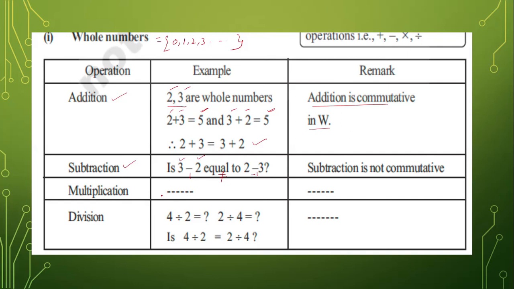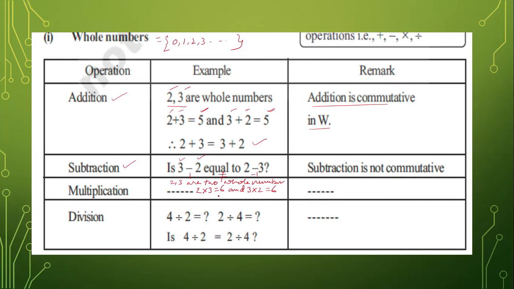Multiplication, you may take any two whole numbers. You take 2 and 3, two whole numbers. You take the multiplication here, 2 into 3 is equal to 6. And 3 into 2, what do you say? 3 into 2 is also 6.